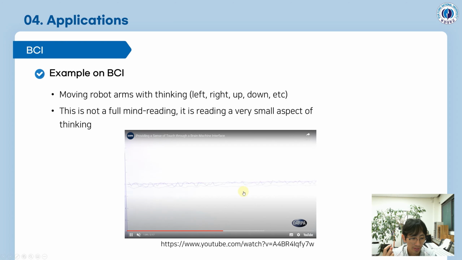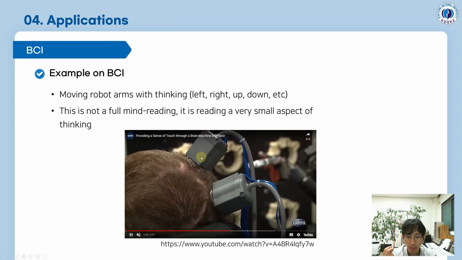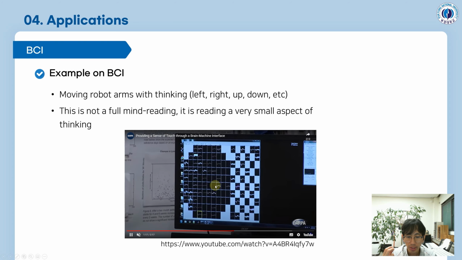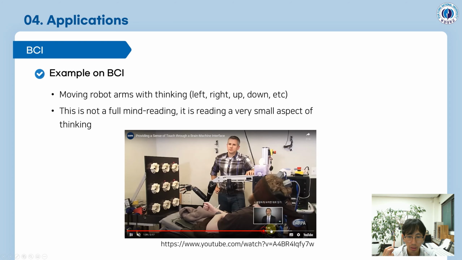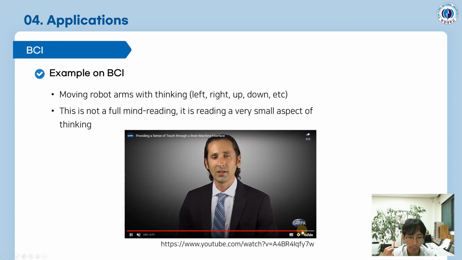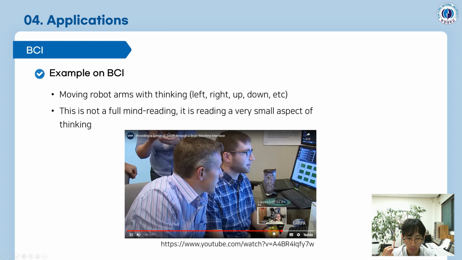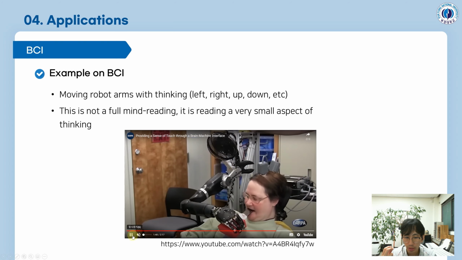Also, he can feel the robot arm's sensing as well. You can see this is connected, and then brain activities are recorded. And here she is moving the robot arm to move an object. Okay, so this is possible. This is called BCI.